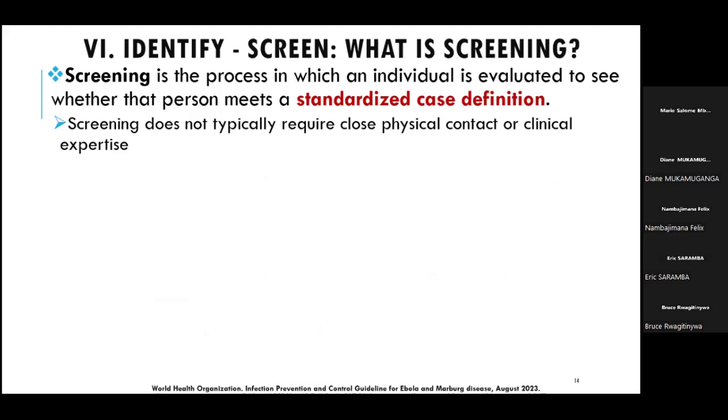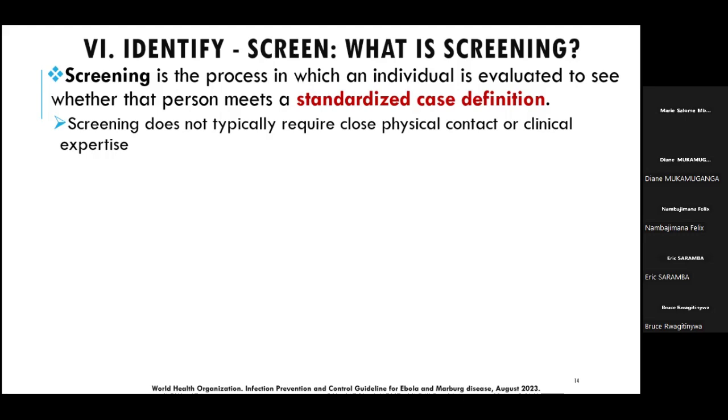And we make a case definition, and then every person entering the facility must be screened against that case definition. Once the person is meeting the criteria, for example, having fever, diarrhea, vomiting, headache, and you are in a case of outbreak, this is a person to put aside.